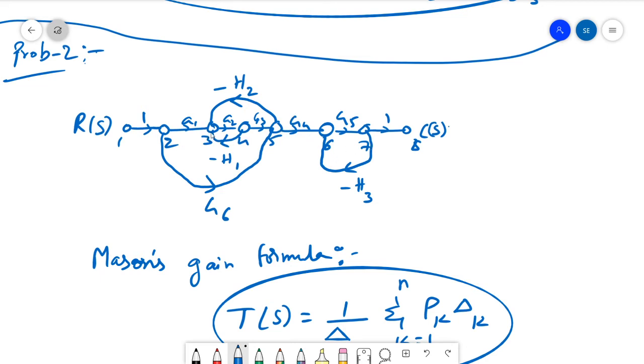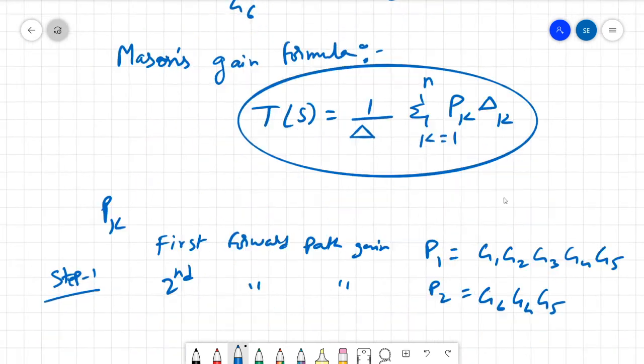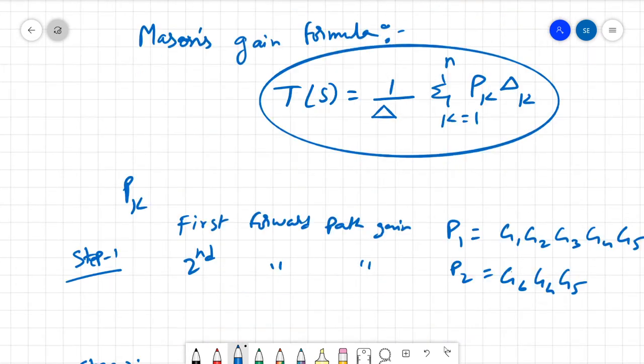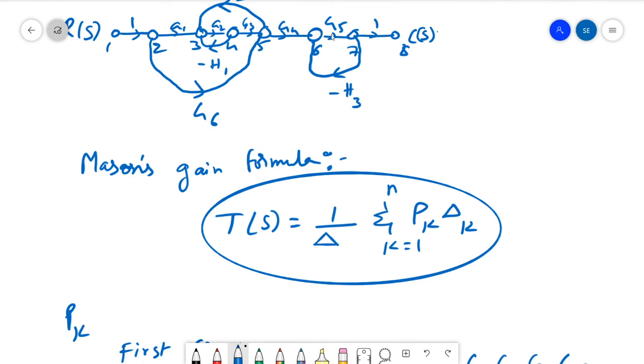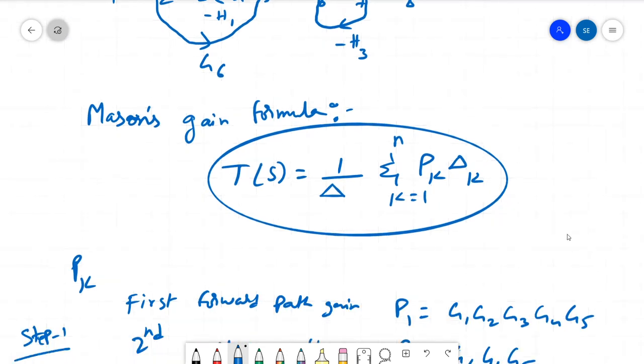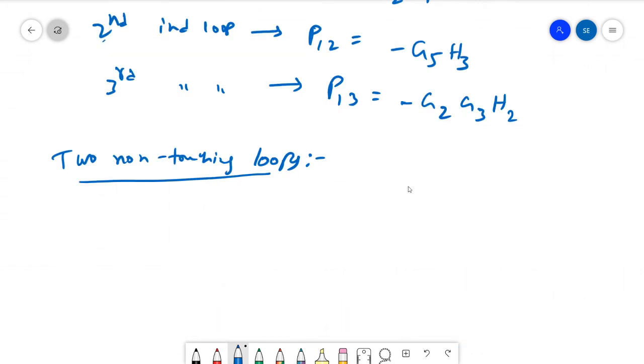Loop 3 to 4 and loop 6 to 7, right? And 3 to 5 and 6 to 7 are also non-touching. There are two pairs of non-touching loops. Observe the gains here: G5 H3, H1 G2, G2 G3 and H2. Write down the non-touching loop gains.